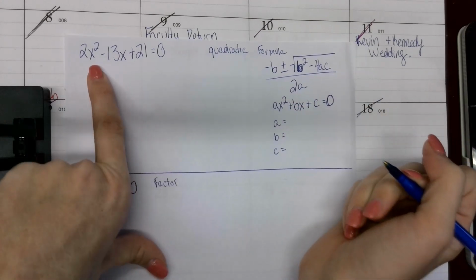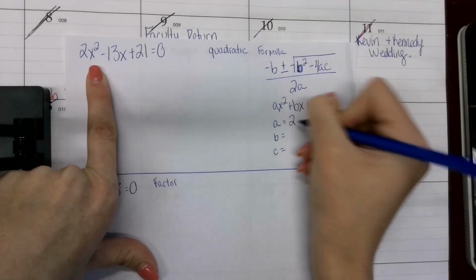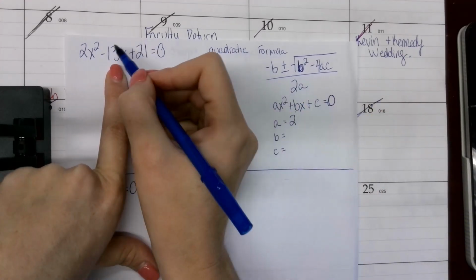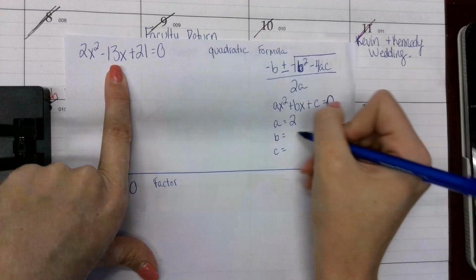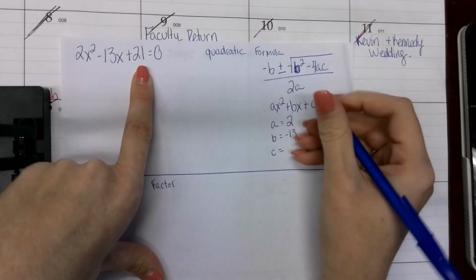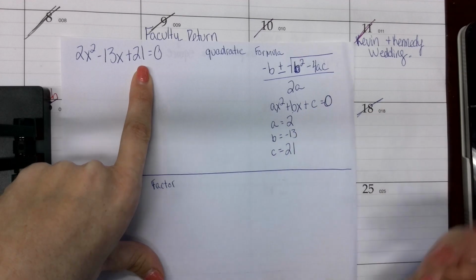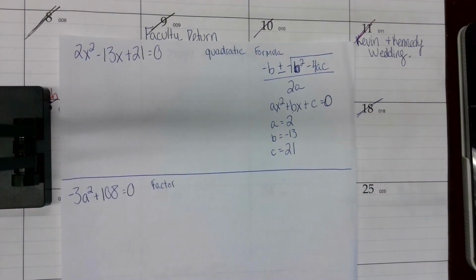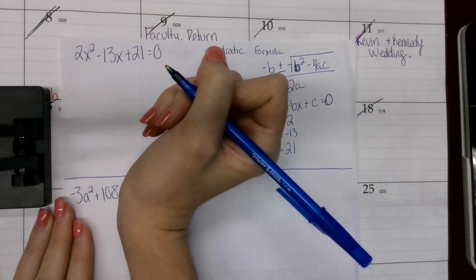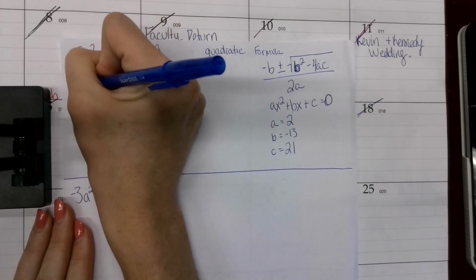So my a is with my x squared, so it's going to be 2. B is with x by itself, and it's not a plus sign, it's a subtract, so it's going to be negative 13, and C positive 21. Now I'm going to write out the equation. I'm not going to simplify anything either like I would when I'm working it.